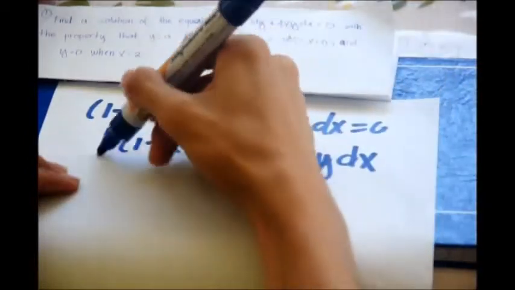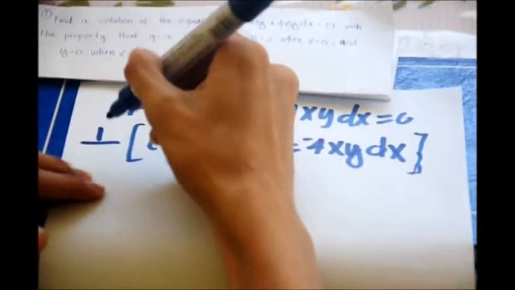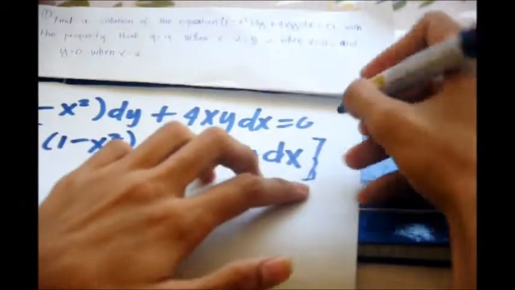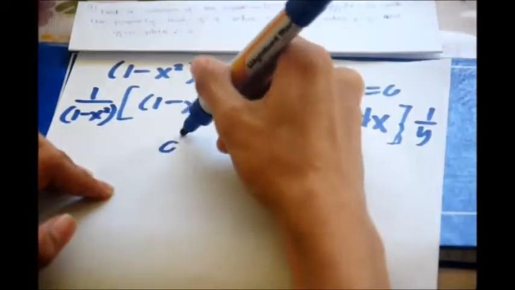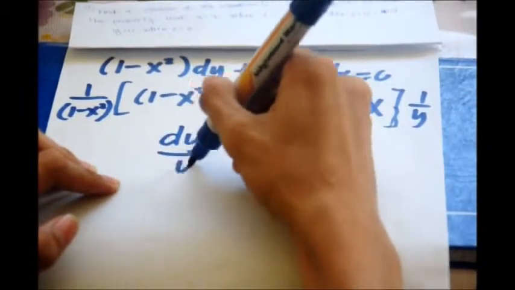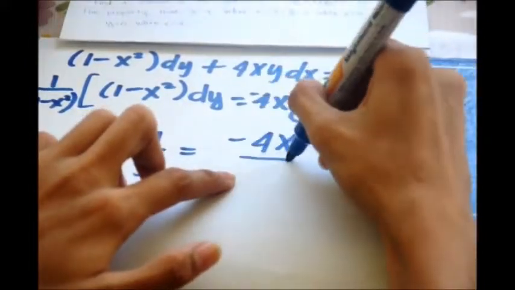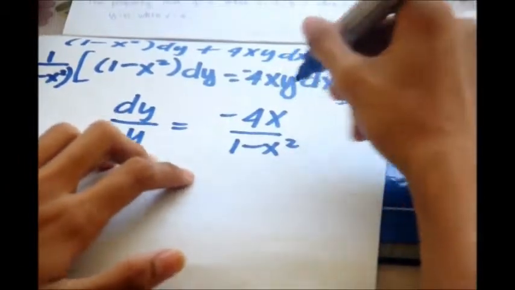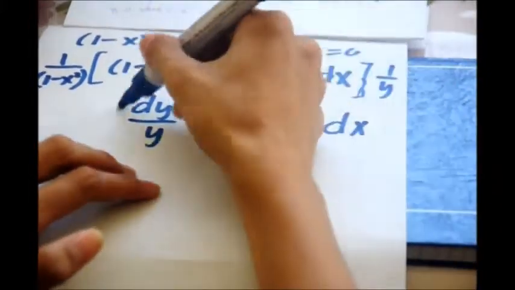Then multiply both sides with 1 over (1 minus x squared) and 1 over y. So we can now get an equation. Integrate both sides.